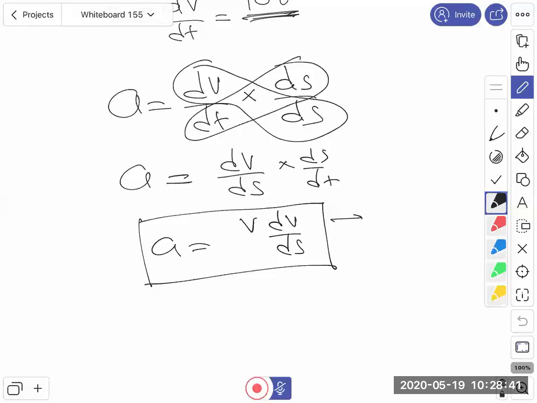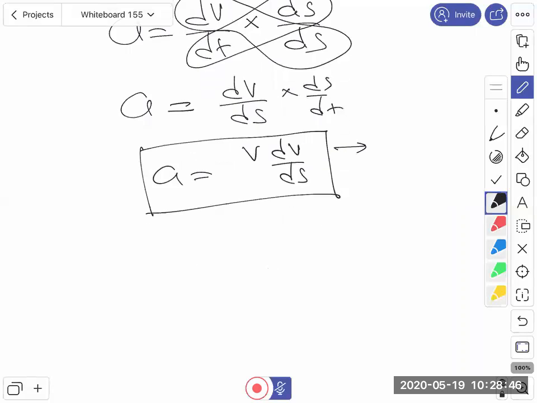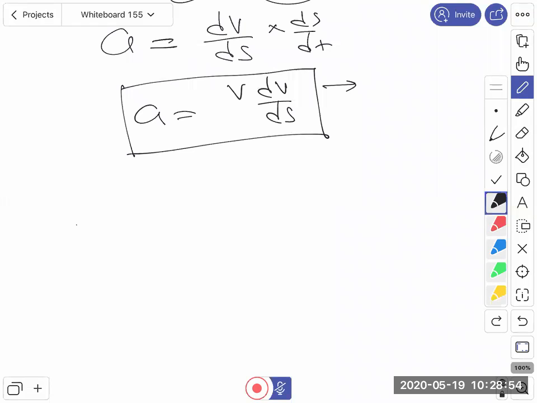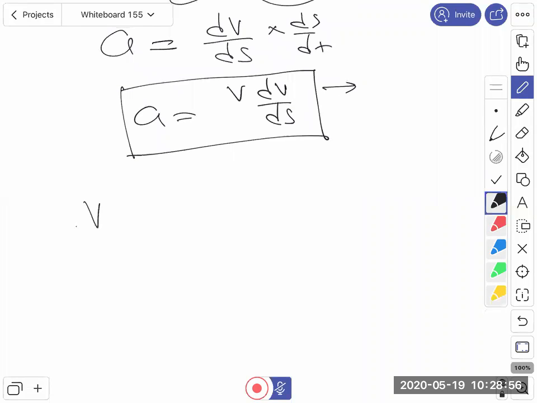If velocity as a function of time is given, then we'll write a is equal to dv by dt. Now just remember that if velocity is given as a function of time, like v is equal to 3t square plus 2t, then we'll find acceleration by using the equation dv by dt.